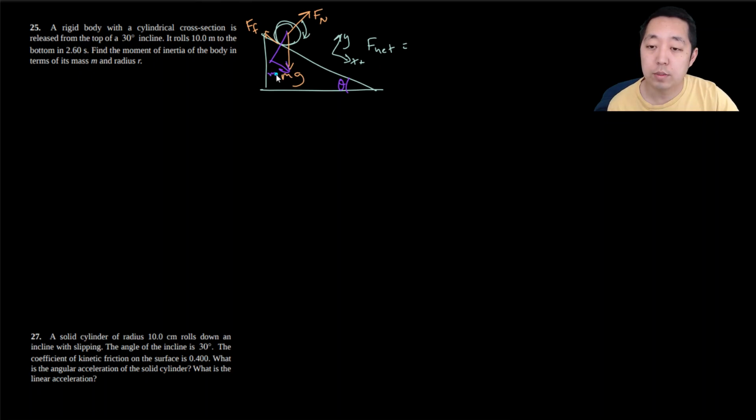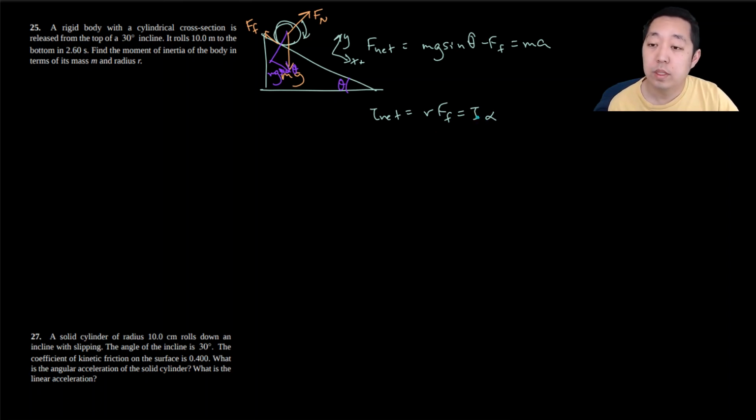This side's going to be mg sine theta. So mg sine theta minus force of friction is equal to ma. And then the net torque, only the force of friction does a torque, so it's r times force of friction is equal to I alpha.